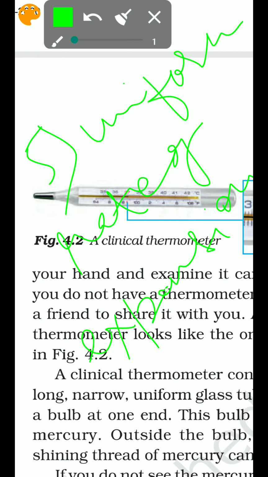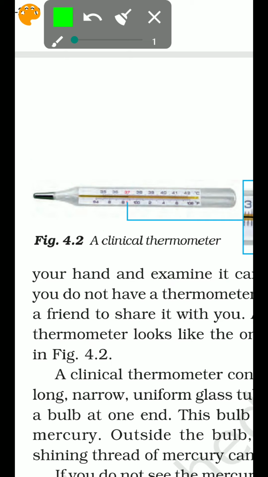It doesn't mean that at some places it expands very fast and at some places it doesn't expand. When it gets heat, it expands in a uniform manner. All right, so these are the five main characteristics of the thermometric liquid, and this is the reason why we take mercury as the thermometric liquid.